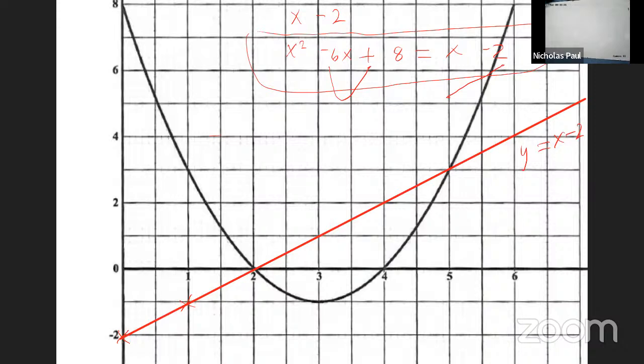Quinn, you okay with that? So write that down. The solution to x squared minus 6x plus 8 is equal to x minus 2 is (2, 0) and (5, 3). Easy, right?